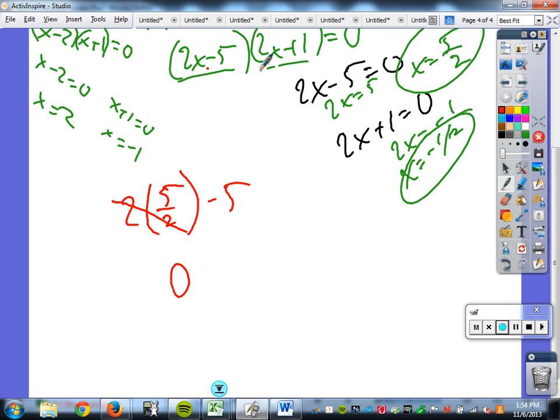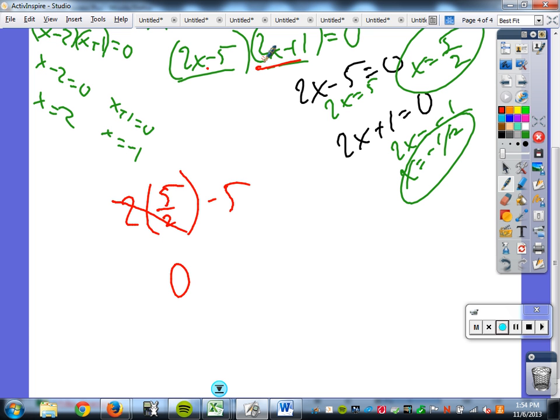So what's 0 times whatever is in there? If I plug in negative a half into this one, is this guy going to be 0? No, but do I even care what this value is if this guy is going to be 0 no matter what?